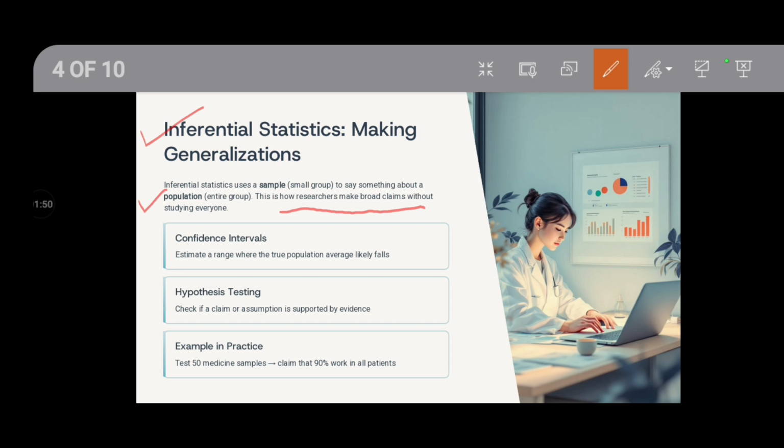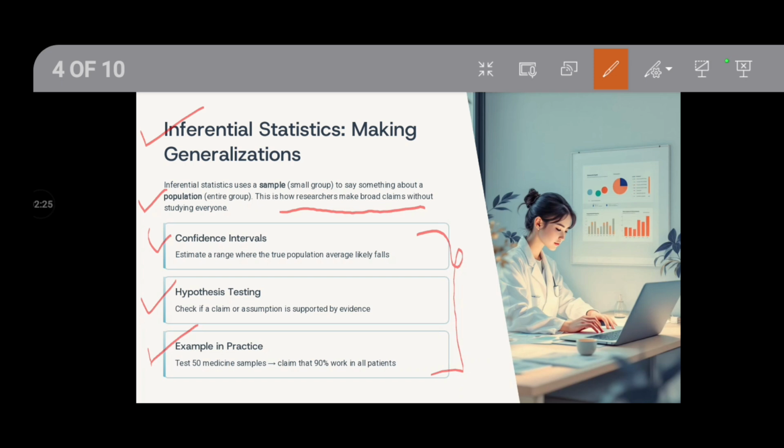In inferential statistics, these are the main things that we are going to discuss further: confidence interval, hypothesis testing, and example in practice. A confidence interval estimates a range where the true population average likely falls. In this, we will go for distribution and how sure we are that this decision is going to be true, or how likely the population value is to fall in that range.